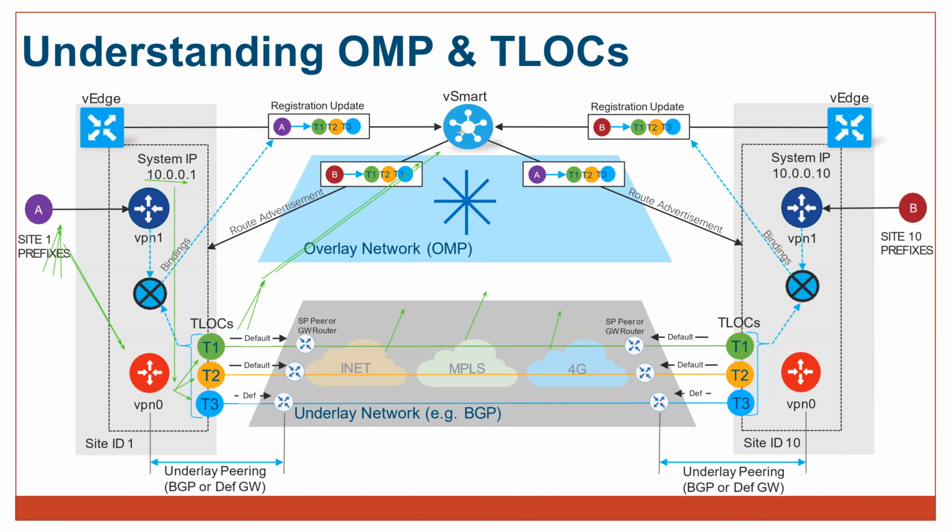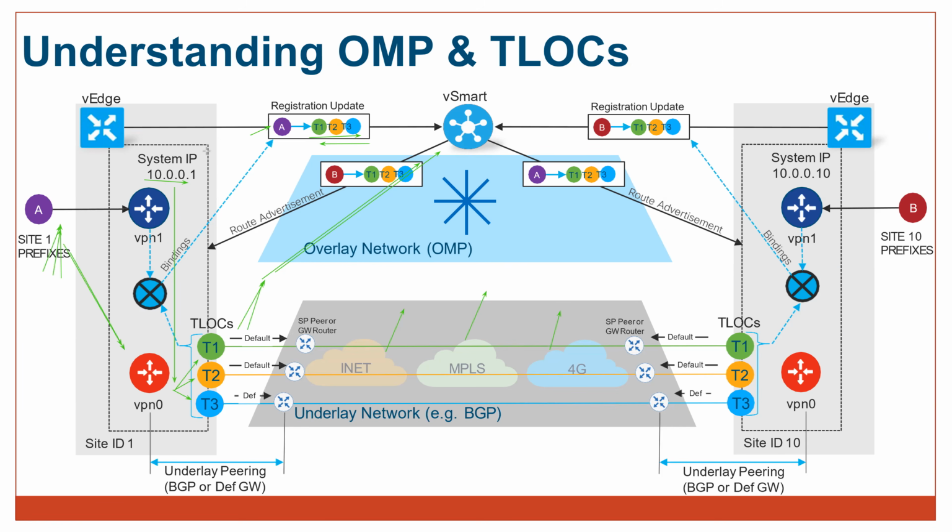When vSmart receives this update, how will it receive it? You can see here that it will receive that prefix with 3 types of next hop, associated with internet, MPLS, and 4G. When the vSmart receives this prefix with 3 different colors, or in other words 3 different TLOCs, it will understand which TLOC is associated with which edge device. Why? Because they come with a unique system IP.